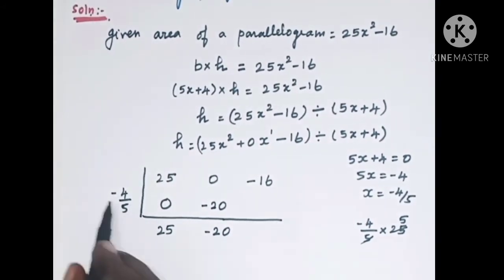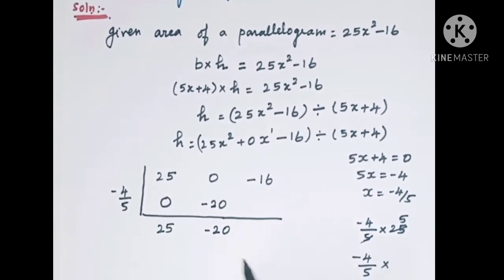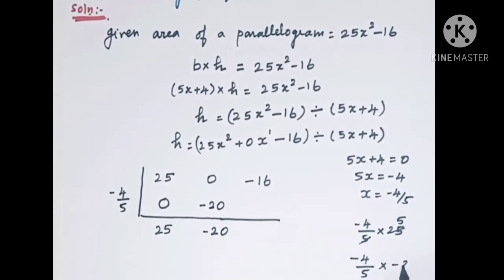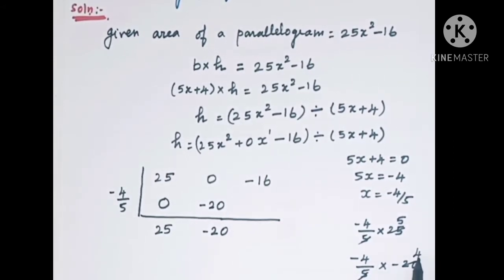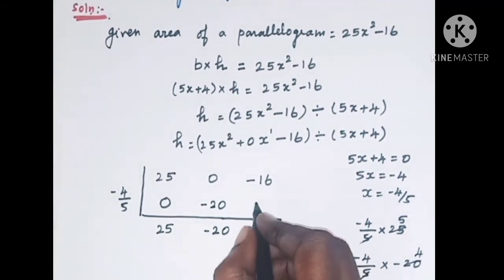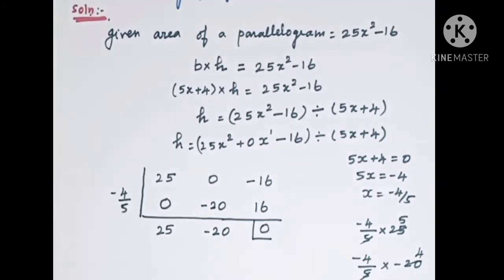Again we have to multiply these two terms: minus 4 by 5 into this minus 20. Here cancelling these two terms, again we will get 4. Minus 4 into minus 4 will become 4 4s are 16, minus into minus plus 16. So minus 16 plus 16 will become 0.